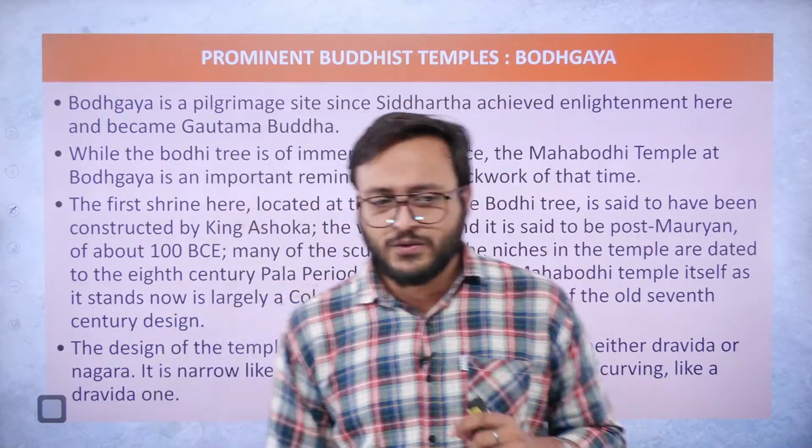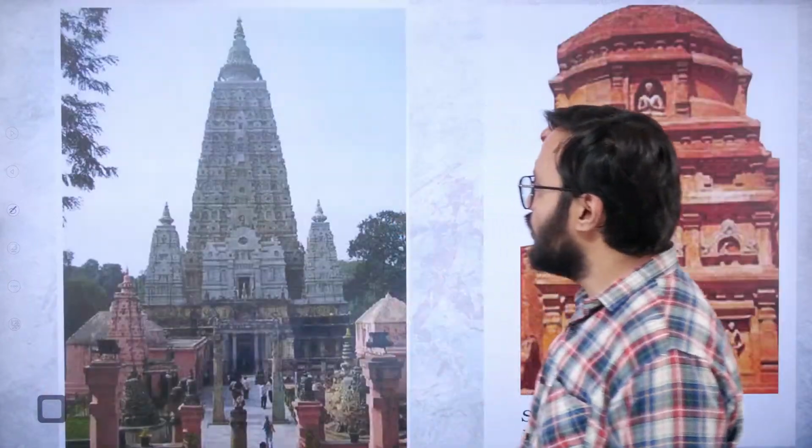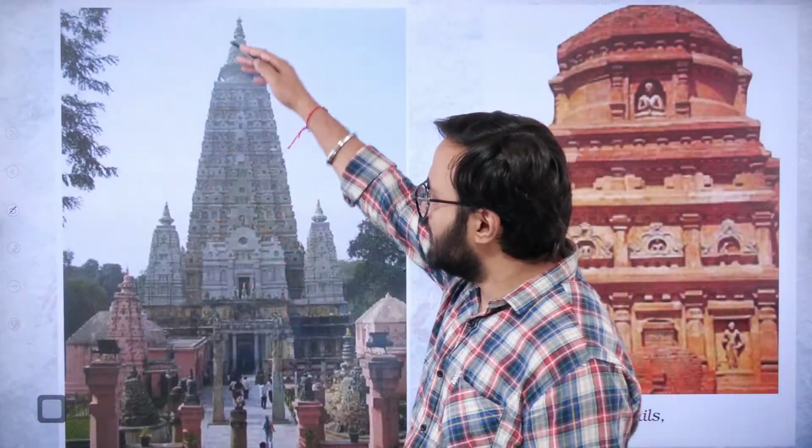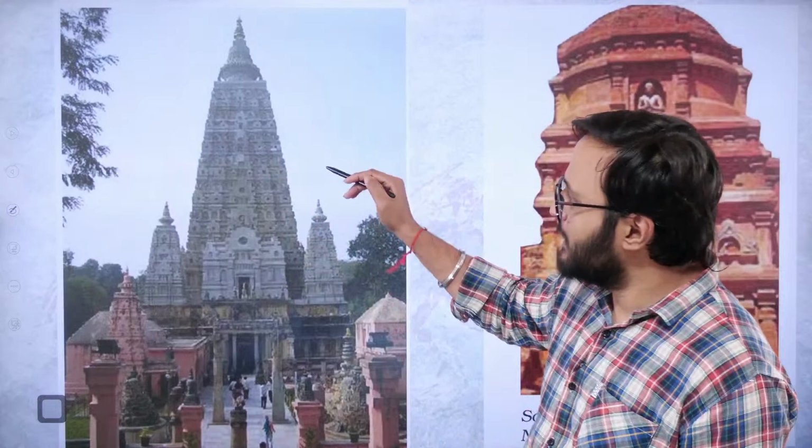So have a look at this one, Bodh Gaya. How does it look? It looks like a very simple but very elegant combination of the Nagara and Dravidian styles. It is claimed by many historians, though I would not say it is a fact, that the original structure of the temple was constructed during the Maurya period by Ashoka.